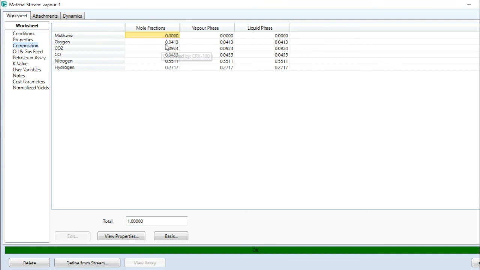Oxygen in the vapour phase, I have 0.413. Carbon dioxide 0.0924. Carbon monoxide 0.0435. Nitrogen gas 0.551, and hydrogen I have 0.2717.